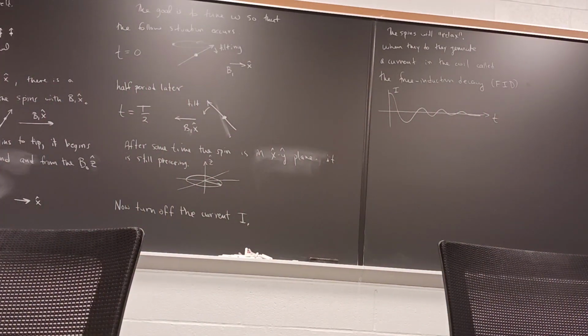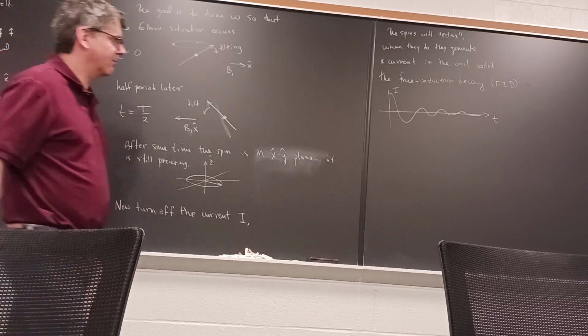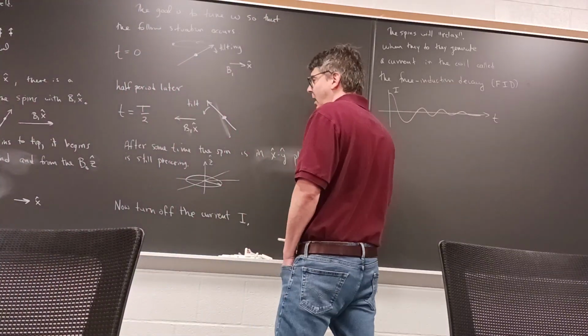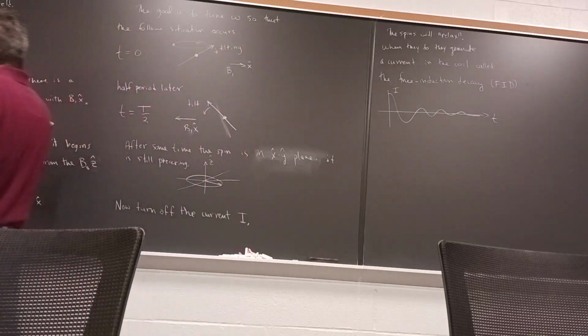MRIs are a little bit different because in an MRI you want spatial information, and so it doesn't work exactly this way. In MRIs, the magnetic field is not constant, and you have to generate that as well.